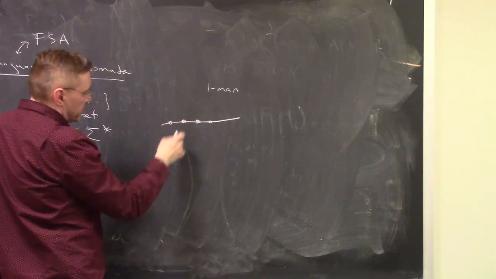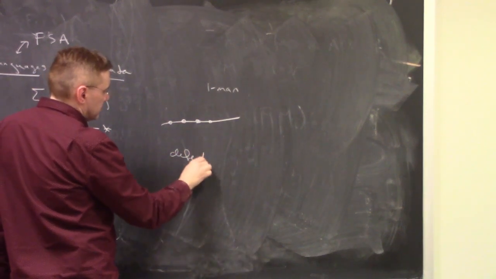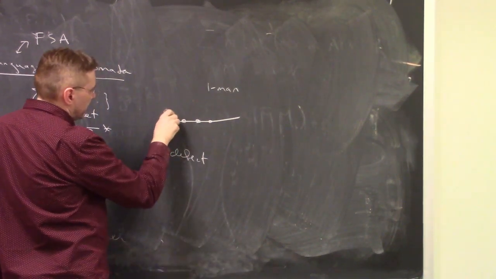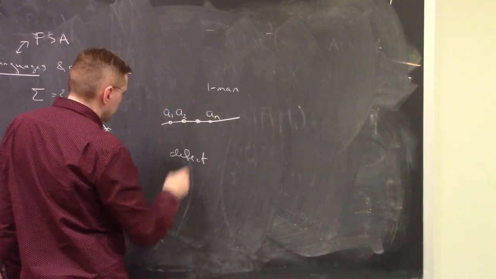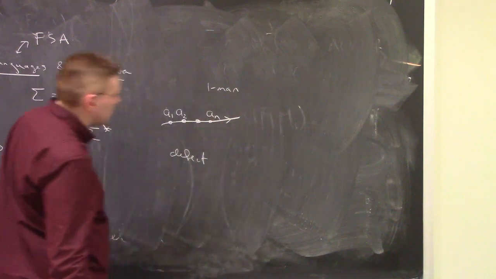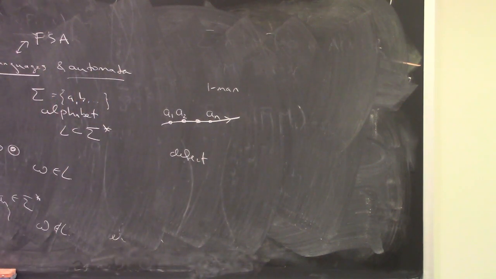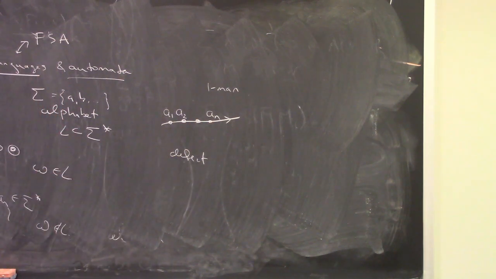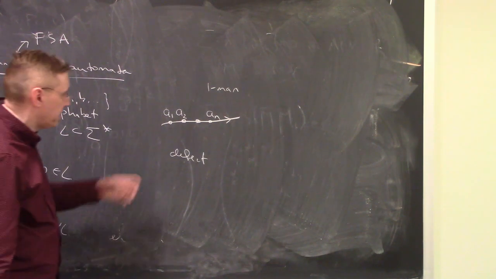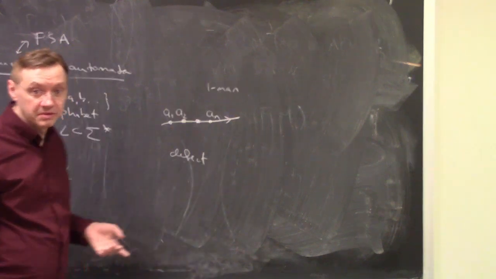We think of the dots as defects, zero-manifolds, and they come with labels A1, A2, up to AN. Let's say our one-manifold is oriented. It's one-dimensional, but to make it less boring, we decorate it with defects with labels.